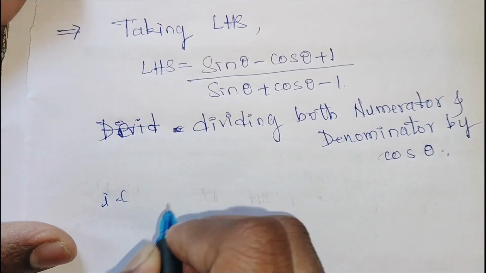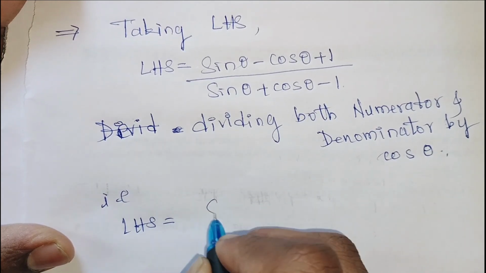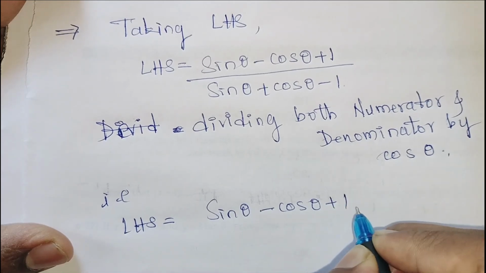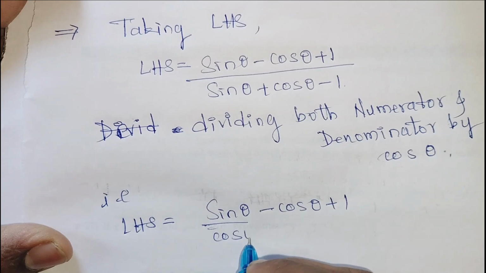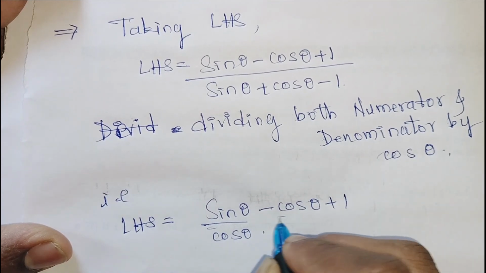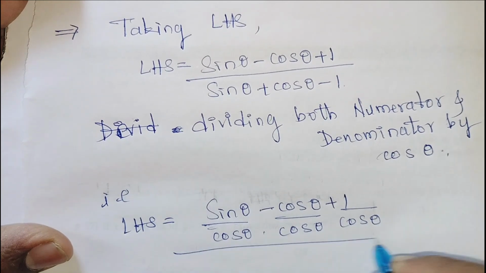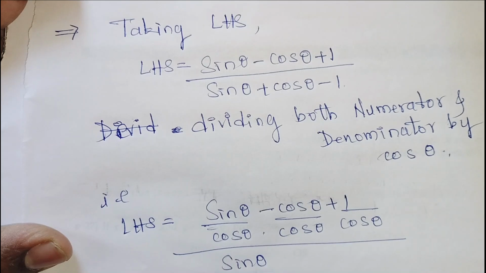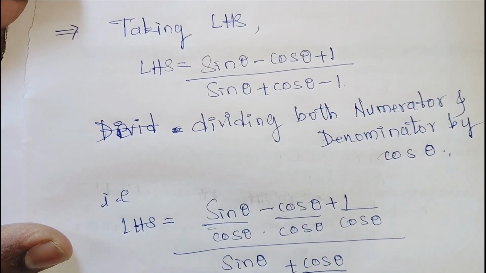That is, LHS equals sin theta minus cos theta plus 1, and when we divide here by cos theta, the denominator becomes sin theta by cos theta plus cos theta by cos theta minus 1 by cos theta.